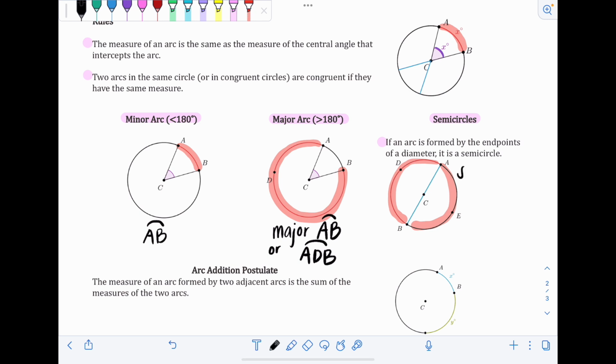And you would just write it as semicircle ADB, the first one with the curved line over it, and then the second one is semicircle AEB, same thing with the line over it.